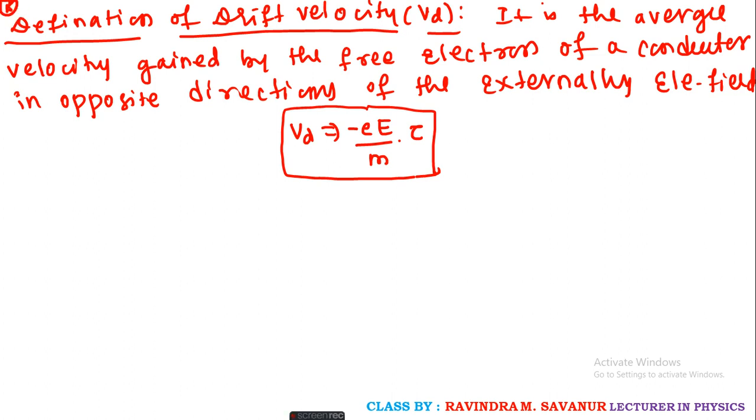Once the drift velocity part is over, move on to the next one. We are going to discuss a relation between electric current and drift velocity. This is a very important concept, and also a 3 marks question.